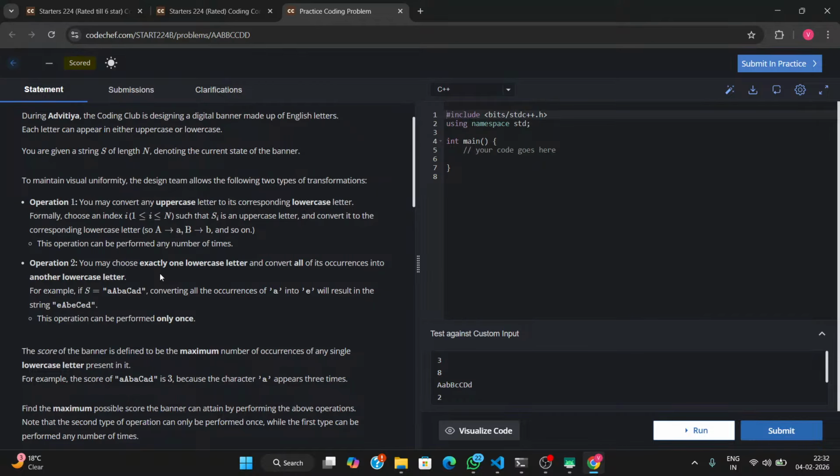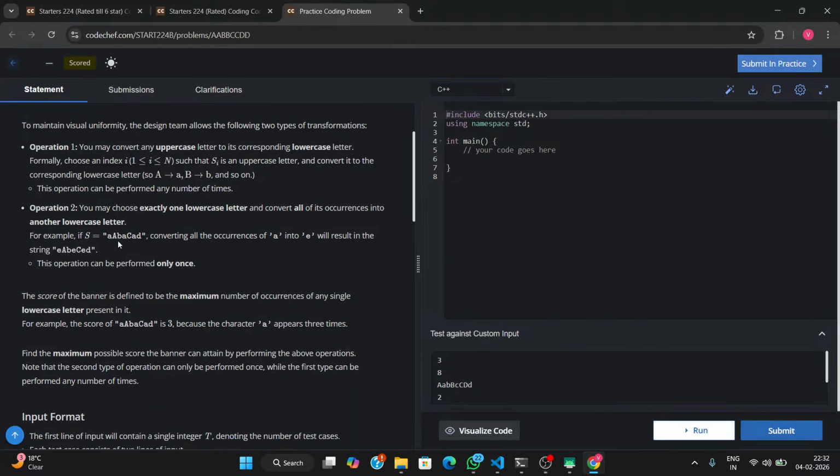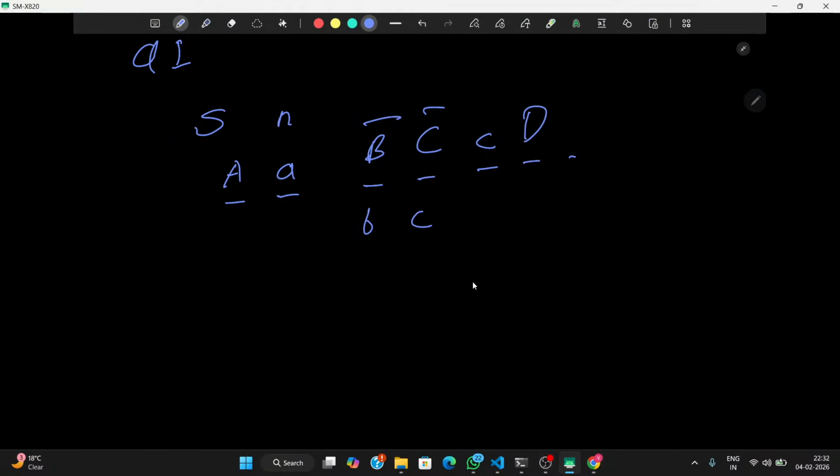Operation two is we can convert exactly one lowercase letter, all of the occurrences of any one lowercase letter, to any other lowercase letter. The example is given here. Suppose we first converted these uppercase letters to lowercase letters, then suppose we choose C, we can convert C into any other lowercase English letter.